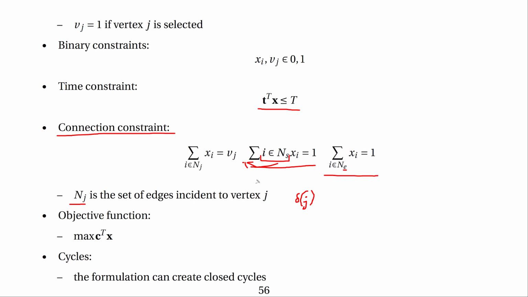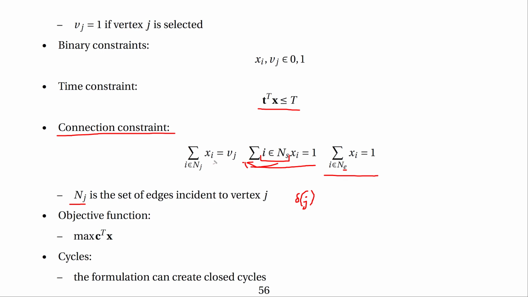And then for all the other nodes, we would like to model that there are either 0 or 2 edges connected to them. That is why we have these auxiliary variables vj that tell us if a node is selected or not. So if a node is not selected, then vj equals 0, and the sum of edges connected to the node has to be 0.